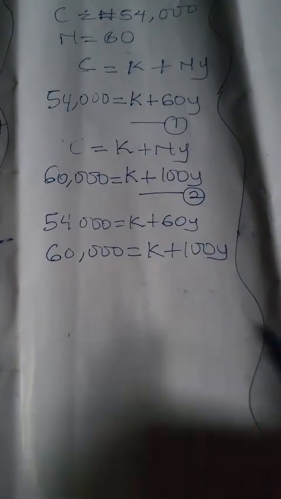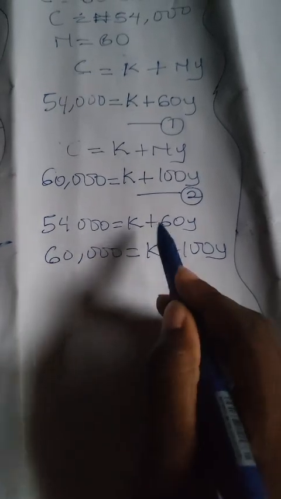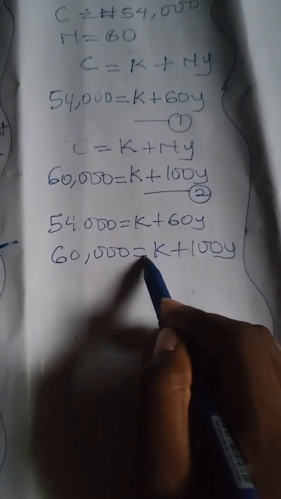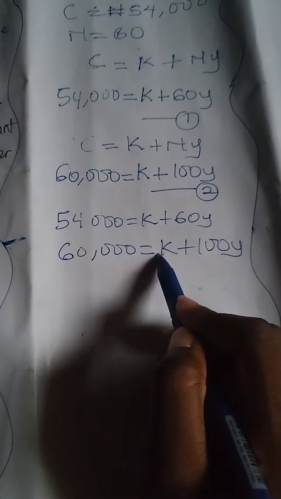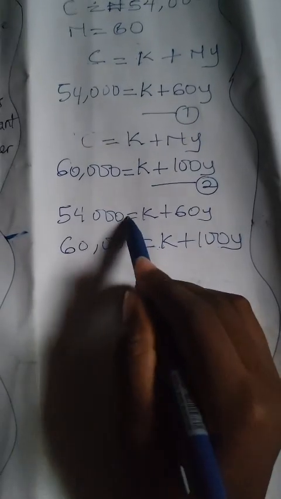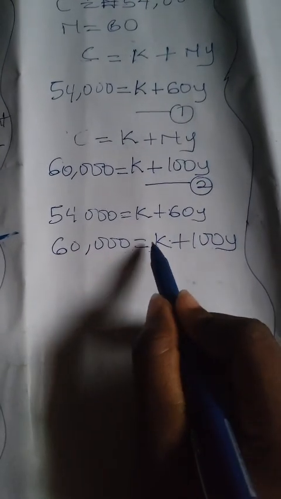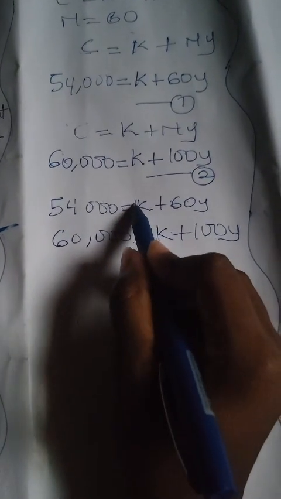Let's use the elimination method. We can use subtraction because they are both K. Let's say there was a 2 here, and the coefficient of this one was 1 and this one was 2. I would have to multiply each line by the coefficient of the other. But for this, it is easier because the coefficient of both is 1.